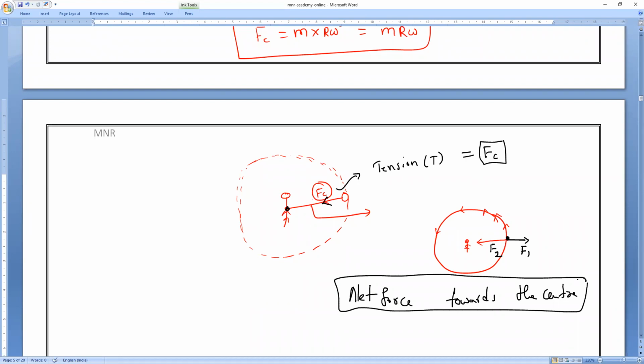So it is not actually a force by itself, it is a net force. Some forces are trying to pull the body away, and some forces are pulling the body towards the center. The net force of those is what we call centripetal force.